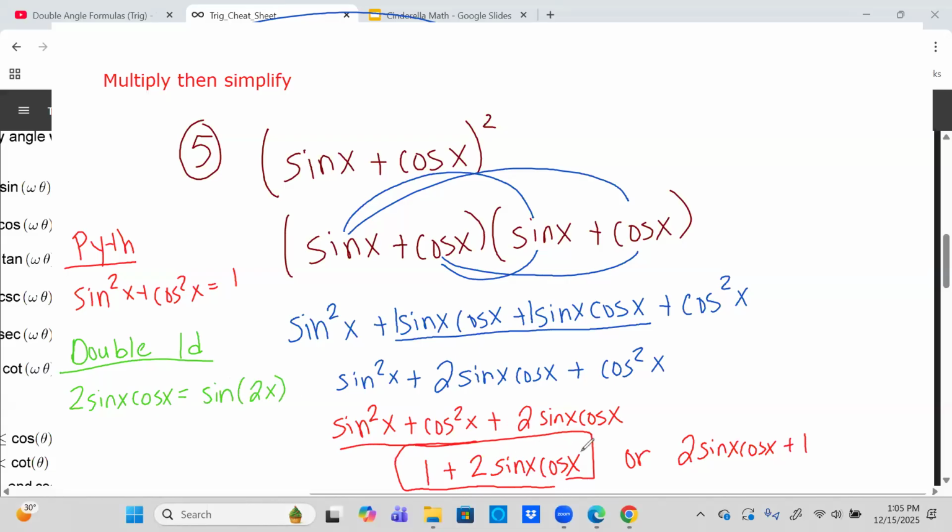So the red there is correct using fundamental identities. If you're expected to use double identities, also correct would be 1 plus sine of 2x. And again, you may not be needing that second answer, that green answer, but maybe you are. I don't know.